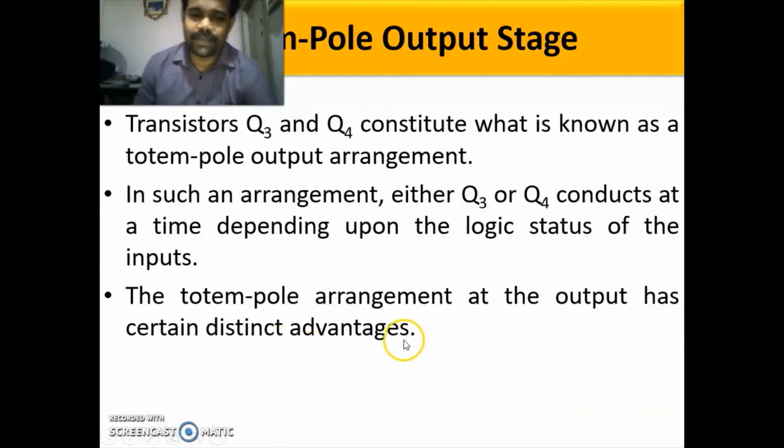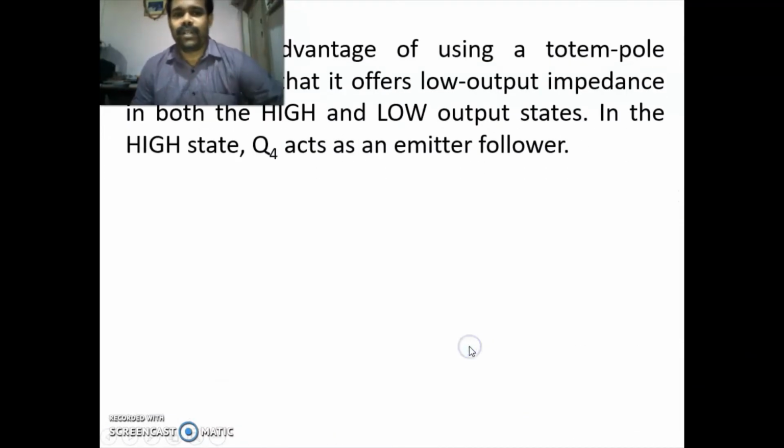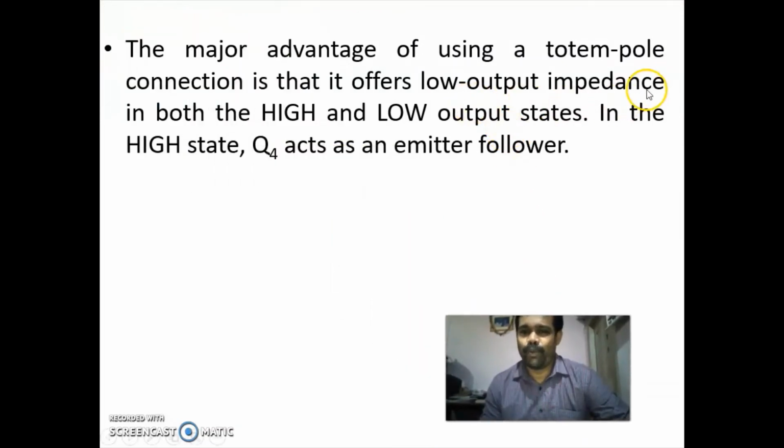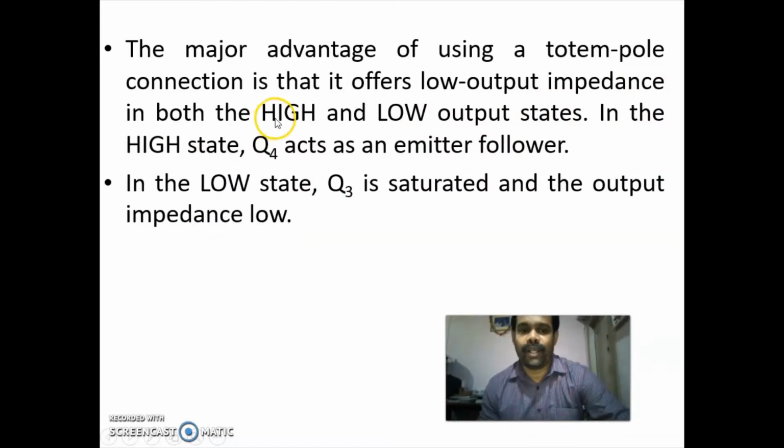Now we are going to see some of the advantages of totem pole. The major advantage of totem pole is that it offers low output impedance in both high and low output states. In the high state, Q4 acts as an emitter follower. In the low state, Q3 is saturated and the output is low.